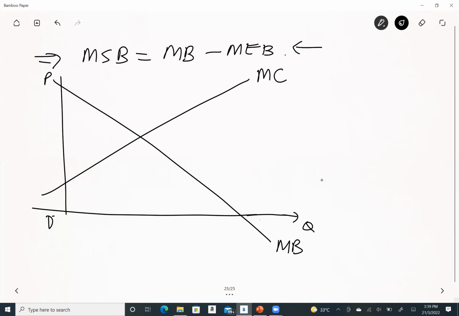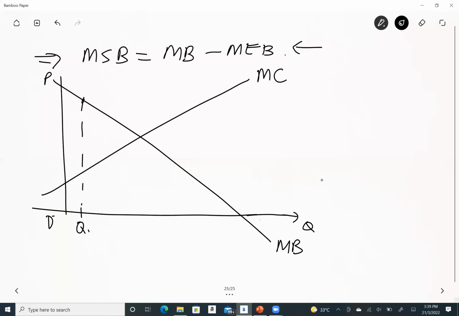Is it above the MB function, or below? Below. So one way to think about it: take any Q, say Q1. At Q1, the marginal benefit is here. Now you want to find MSB.